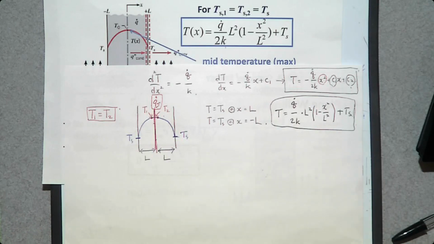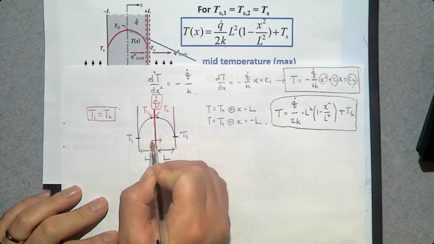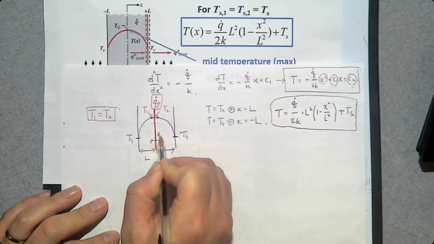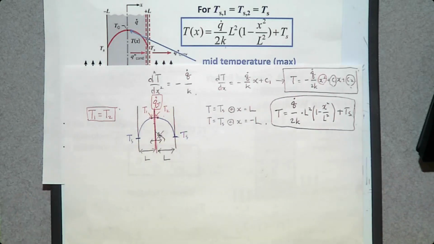Make sense? So in this problem, there is no heat transfer either way crossing this center line. Then what is the case when we have no heat transfer on a surface? When we have an insulation.